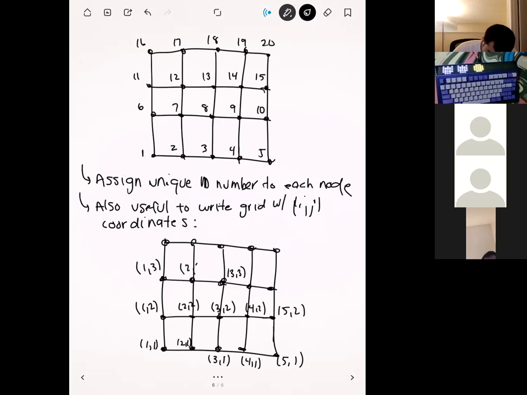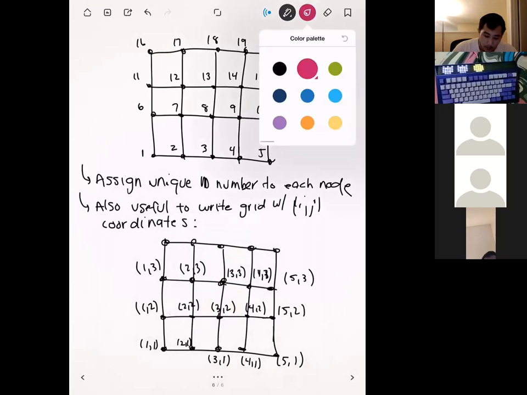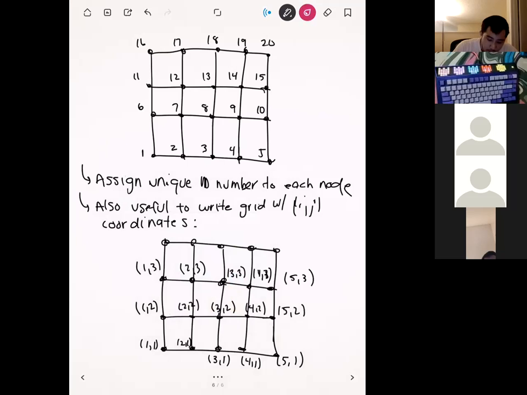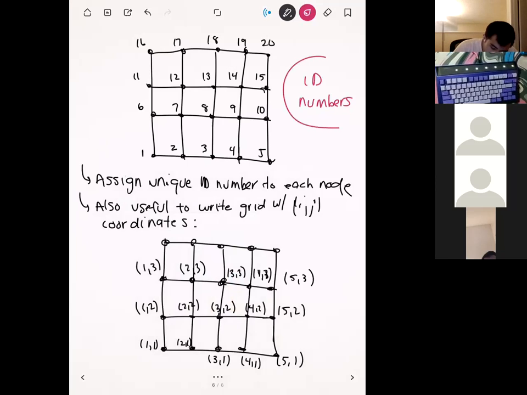This is 2, 3, 3, 3, 4, 3, and then 5, 3. And so, when we're doing these problems, I want you guys to keep these 2 grids in mind. On the top here, we have the grid in ID number form. And on the bottom right here, we have the grid in IJ coordinate form.